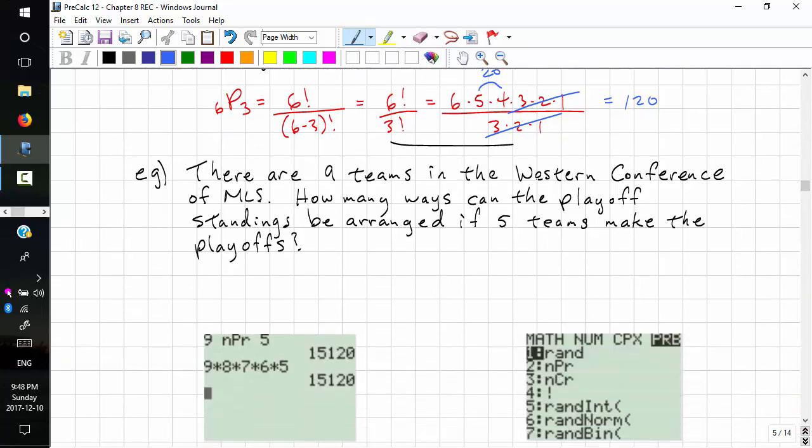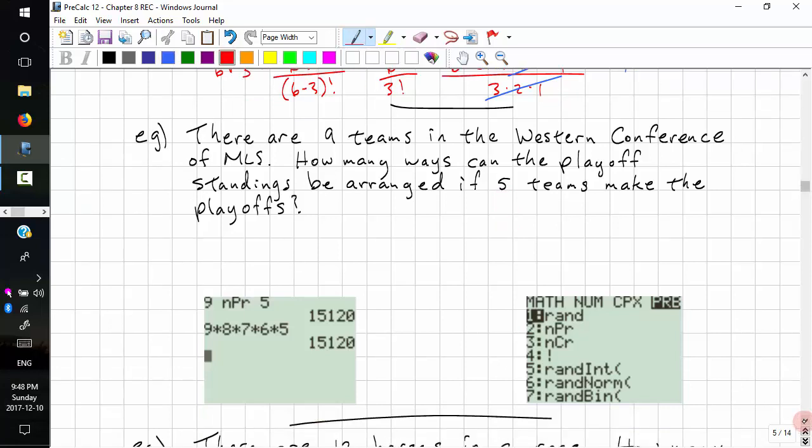There are 9 teams in the Western Conference of MLS, Major League Soccer. How many ways can the playoff standings be arranged if 5 teams make the playoffs? That's no longer the case anymore. I believe there's 6 teams making the playoffs. However, let's continue with the problem. So we have 9 in our set, and we're permuting 5 of them.